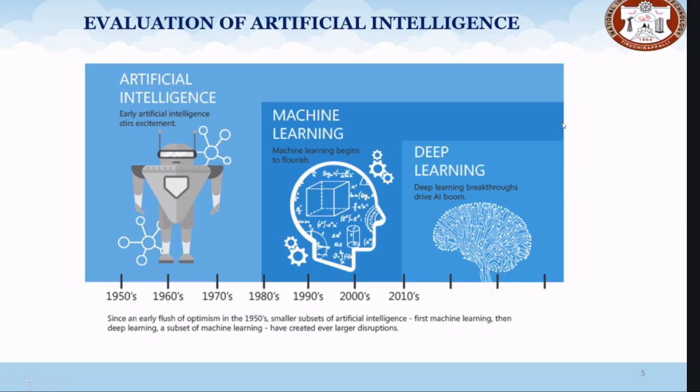Then you see here the deep learning. Deep learning is a subset of both artificial intelligence and machine learning. It kickstarted during 2010, that is about 1.5 decades back. The deep learning breakthroughs drive the AI boom, is what I want to convey.